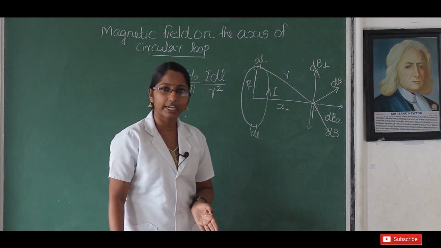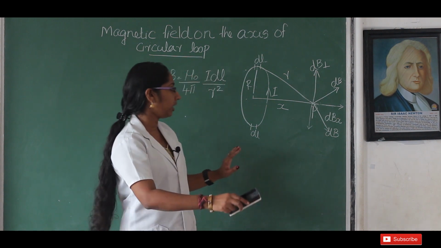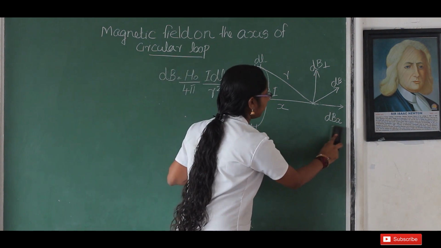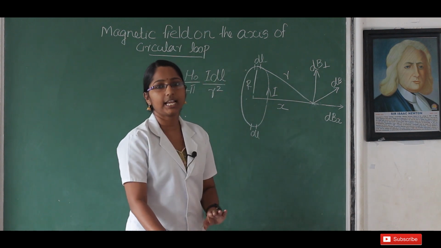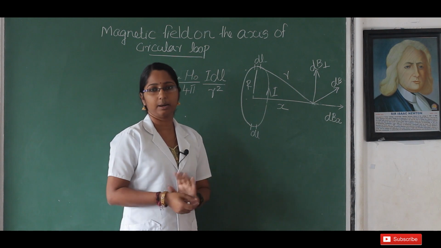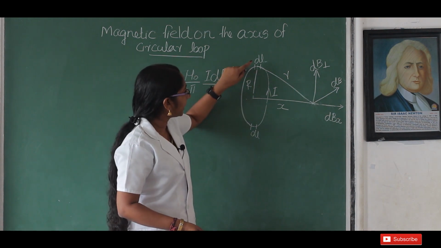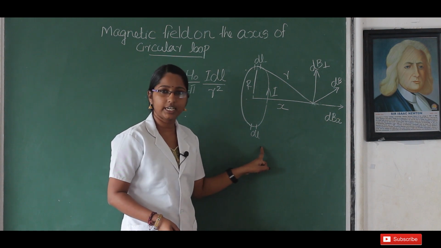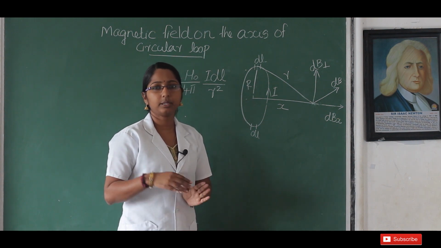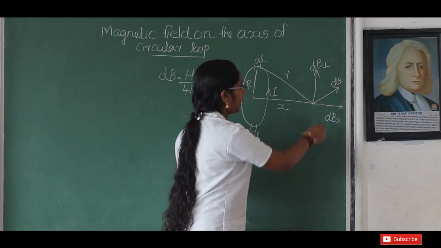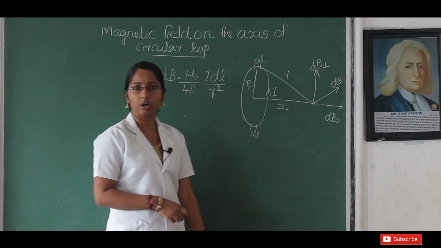So we have to take only the horizontal component, because the vertical component becomes cancelled due to the diametrically opposite component. If I take this component here, then its opposite component is here, and due to that, the perpendicular component is cancelled out. So here we want to take dBx only.